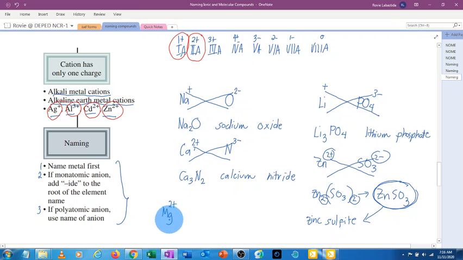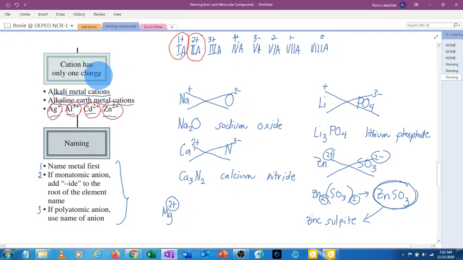It will never be Mg4 positive, Mg5 positive. No. The only possible charge is 2 positive for magnesium because you can find it in group 2A. Okay? So again, the cations that have only one possible charge are those that can be found in group 1A and group 2A, plus these four transition metals: silver, aluminum, cadmium, and zinc.